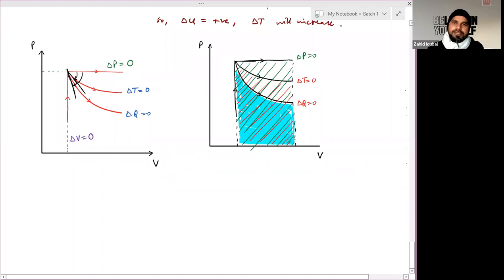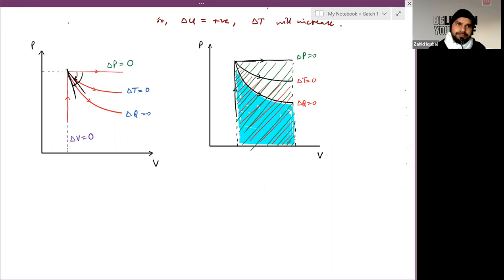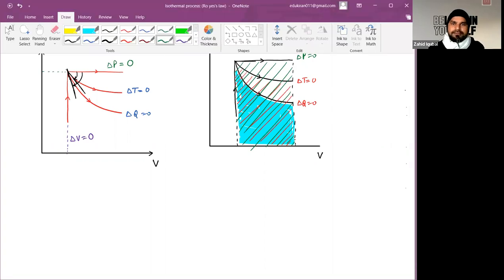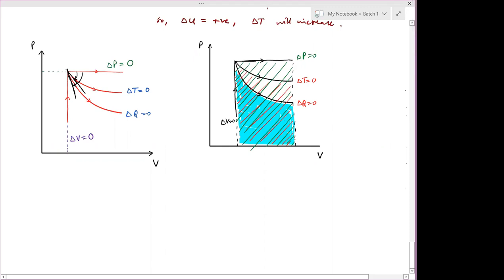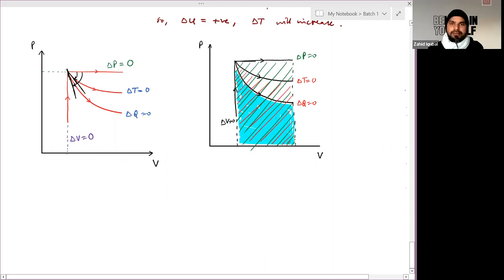In which process do you think we have the maximum area enclosed? Hamza, tell me, in which of these processes will we have the maximum area enclosed? Sir, the last one. Tell me its name.